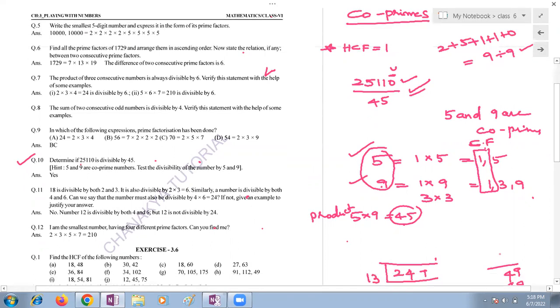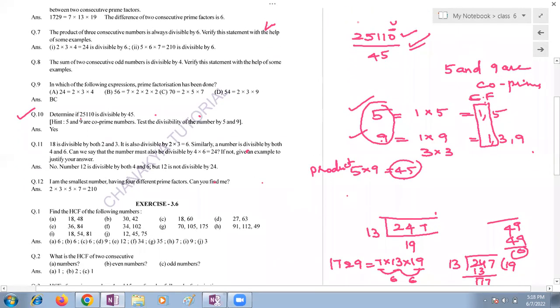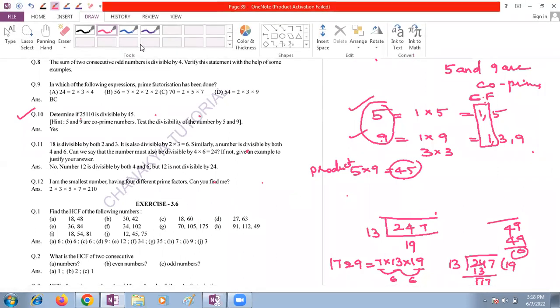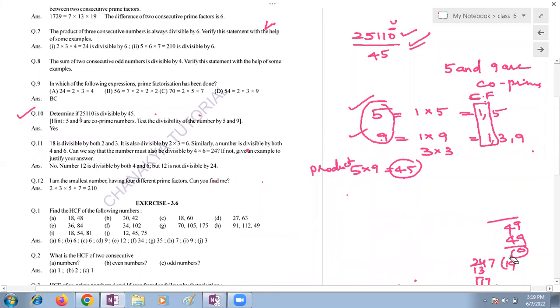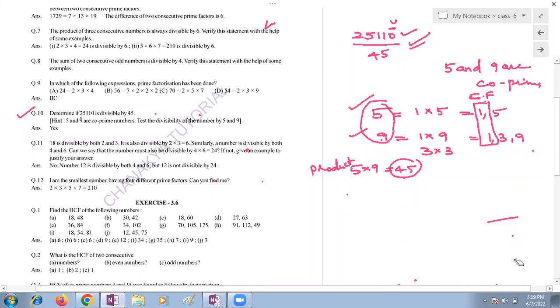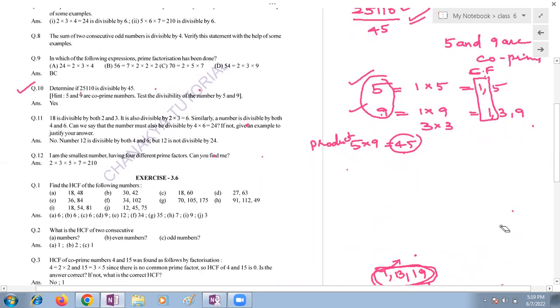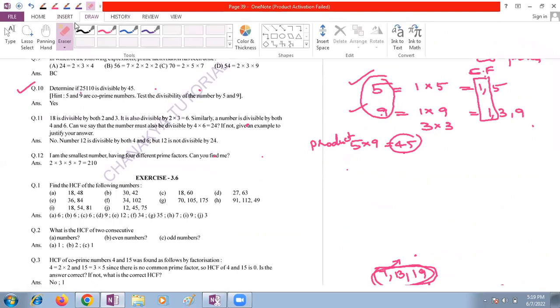The factors are 1, 2, 3, 5, and 7. You have to express the number as a product of primes: 2 into 3 into 5 into 7.